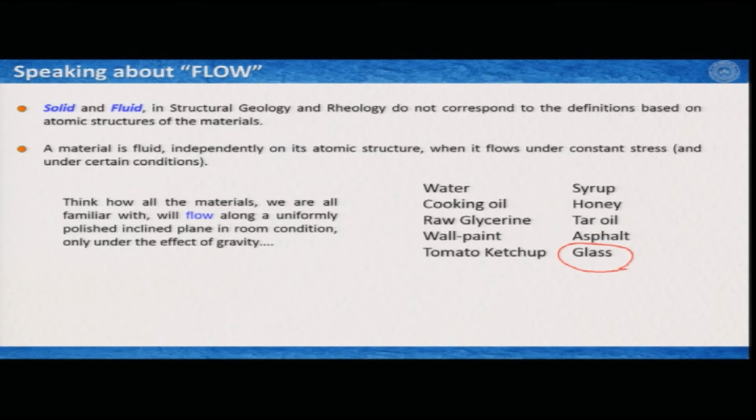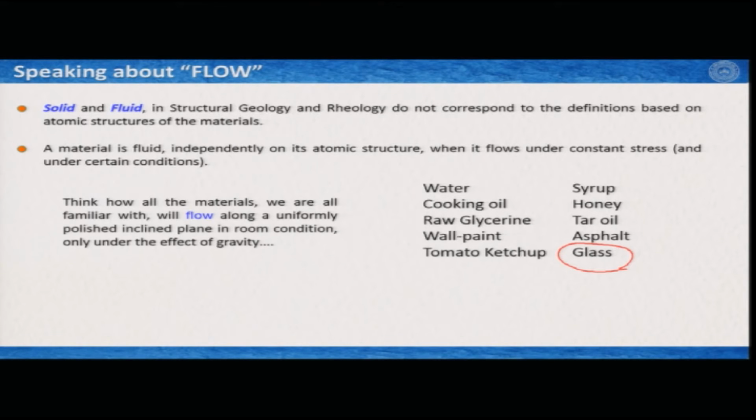fluids at the same time, you will see water is the fastest to touch the base of this sloping plane. And probably tar oil and asphalt are extremely sluggish, and to touch the base it may take a few days.